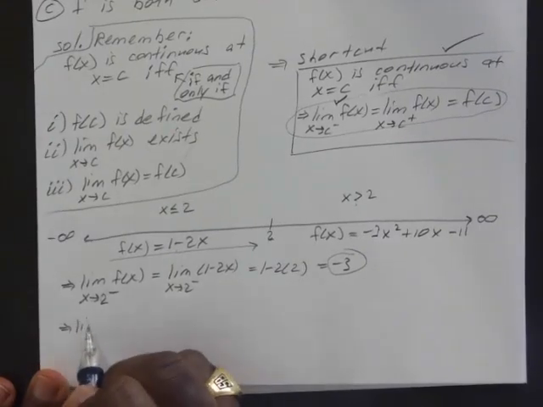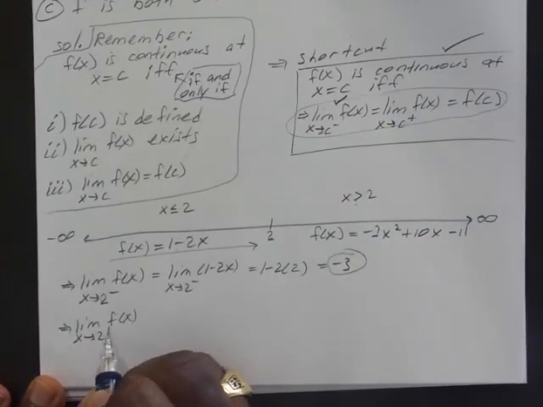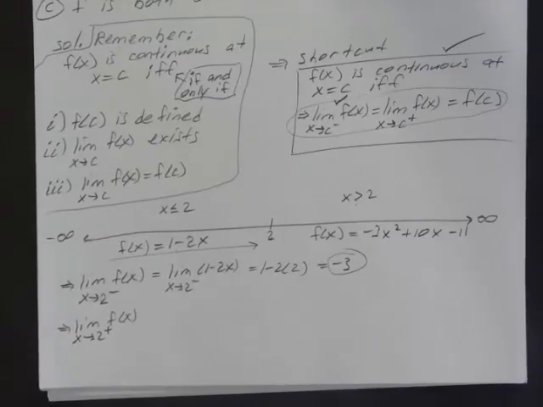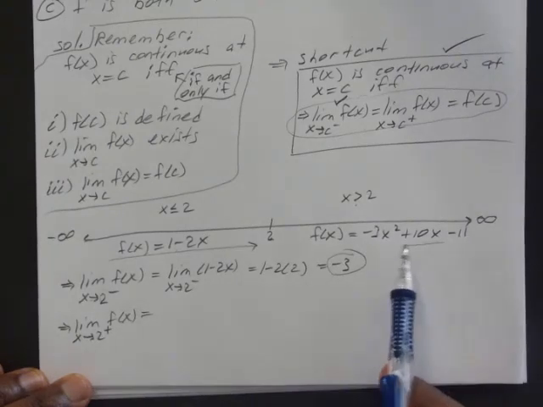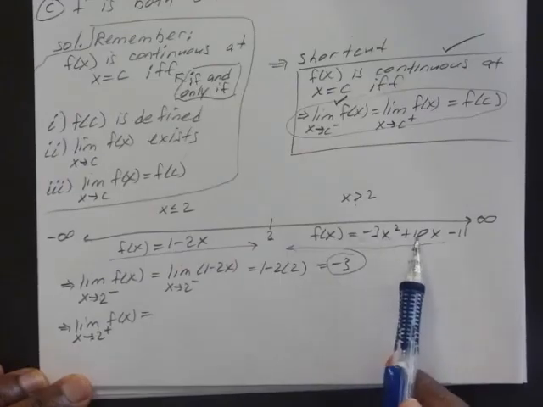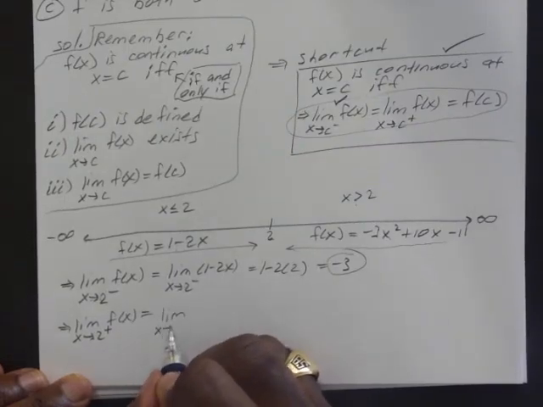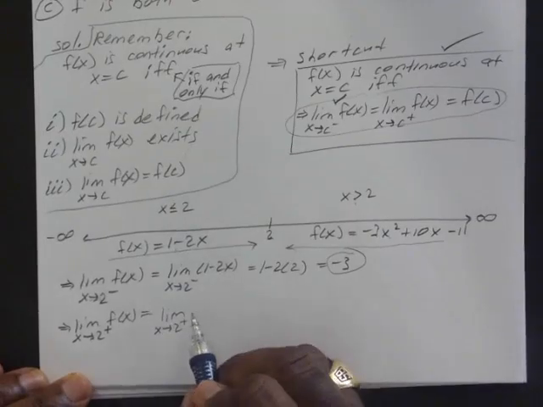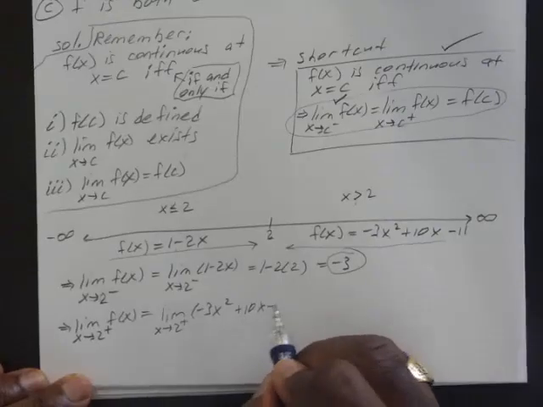Same thing here, but we have to find the limit of f of x as x approaches 2 from the right. From the right, your f of x is negative 3x squared plus 10x minus 11. So that's the limit as x approaches 2 from the right of negative 3x squared plus 10x minus 11.